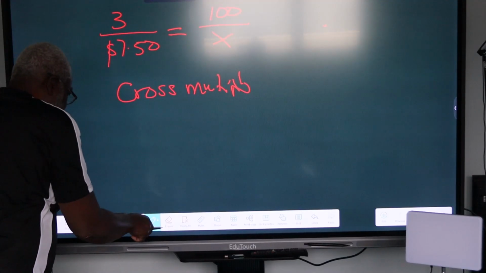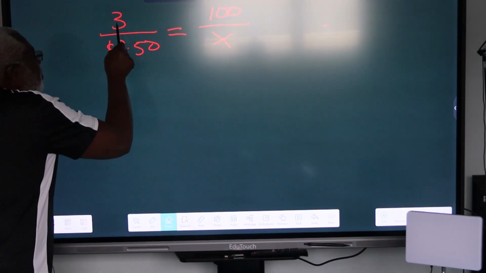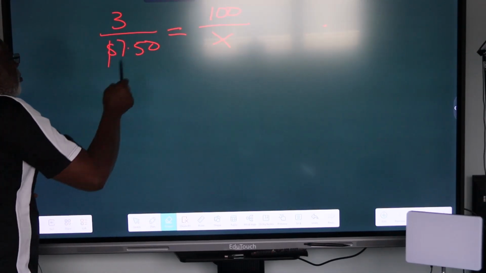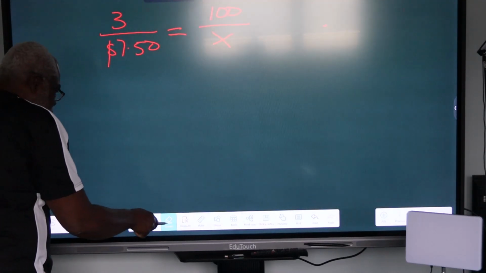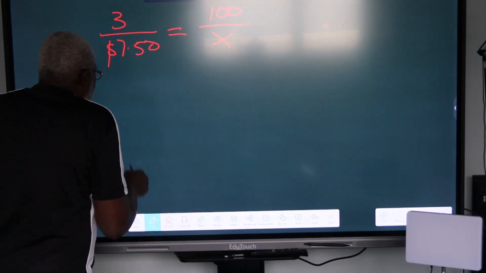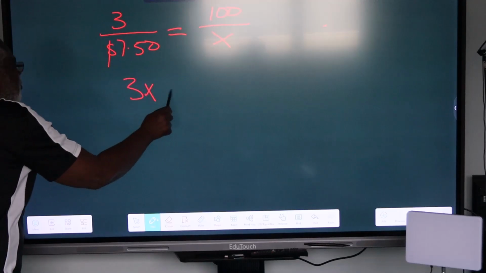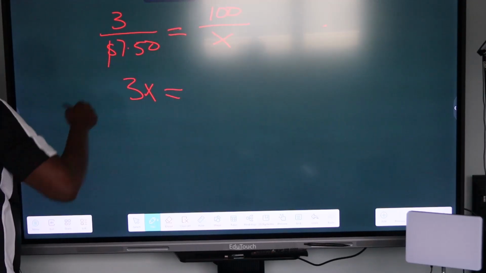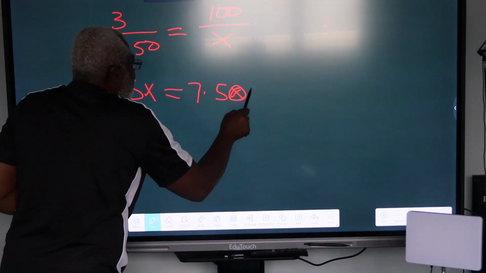Cross multiplication means we can multiply the 3 and the x, which will be equal to 7.5 times 100. This will give us 3x, that is 3 times x, equals 7.50 times 100.